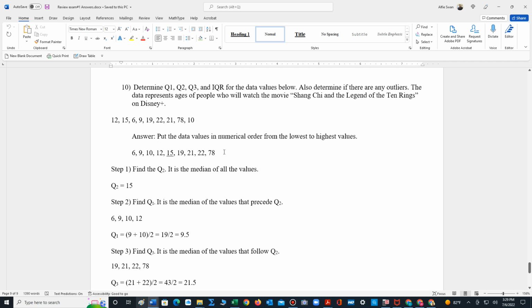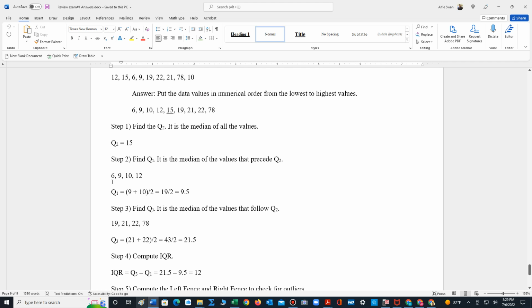Since we have an odd number of data values, the overall midpoint is 15. So Q2 is 15. Now we look at all the data values that precede 15, and we find the median of those values. Q2 is the median of the data set, 15.